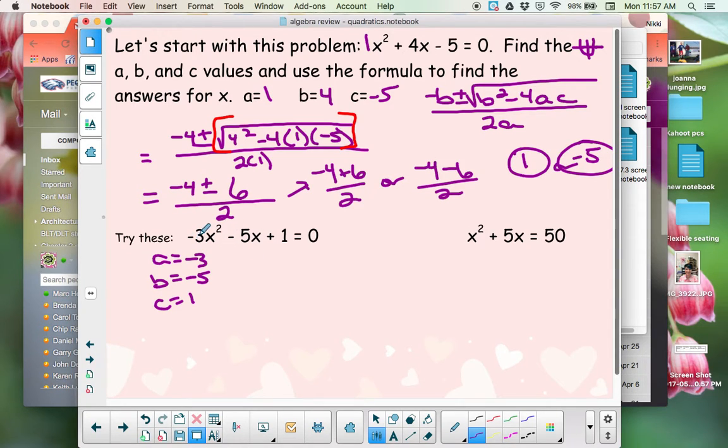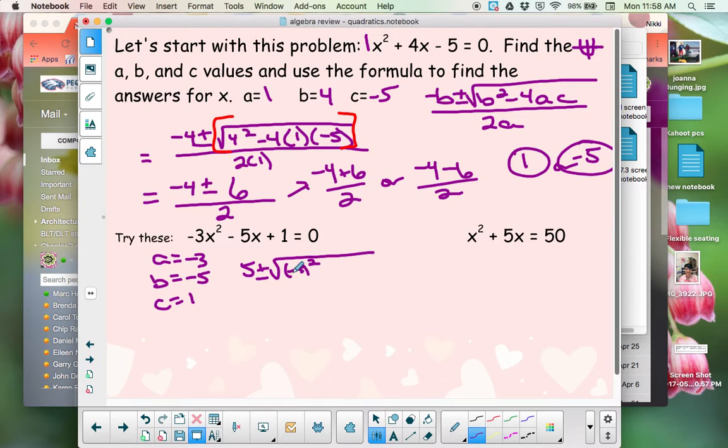Okay? All right, so we plug these in, so we do opposite of B. In this case, our opposite of B would become a +5. And then we put in the big square root, we do B squared. So we're going to do -5 squared. Remember that anytime you square something, even if it's negative, it'll turn positive.